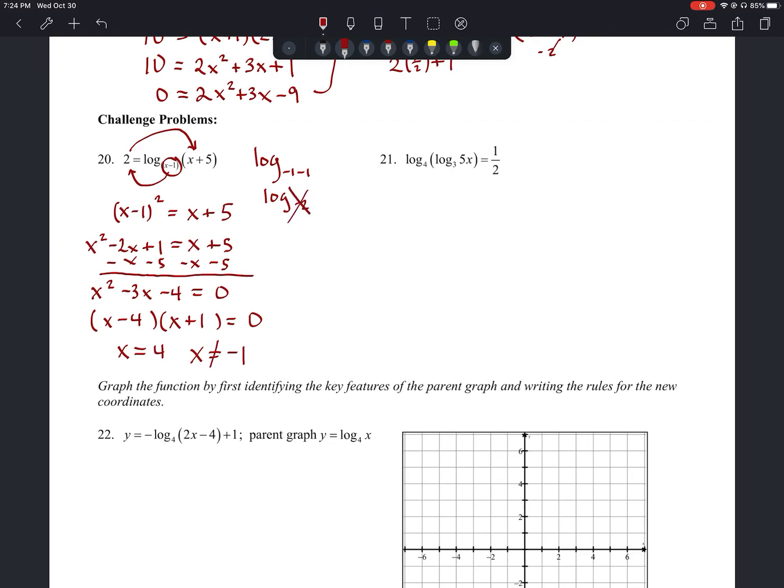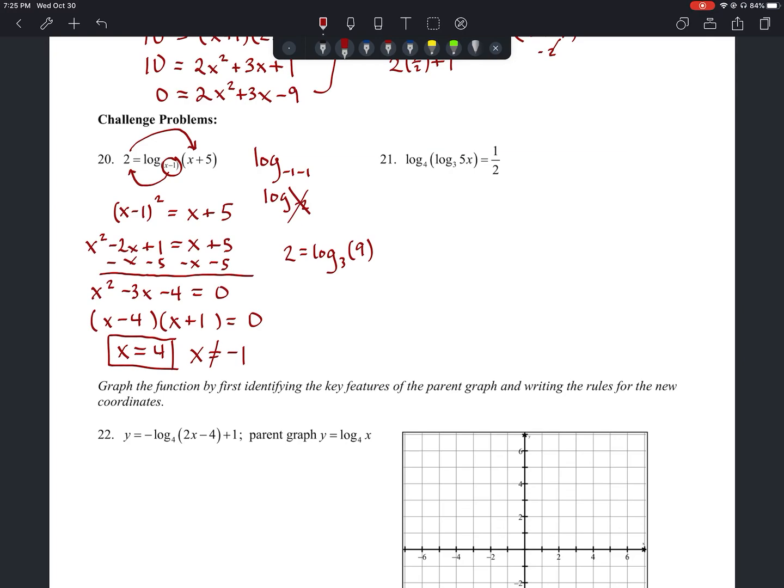So we have to throw out our negative 1. If we plug in 4, it should work because we'd have 2 is equal to log base 4 minus 1, which is 3, of 9, which does make a true statement there. So x equals 4.